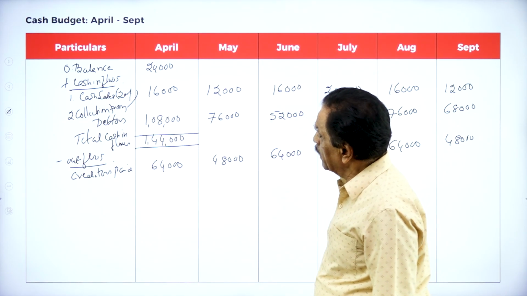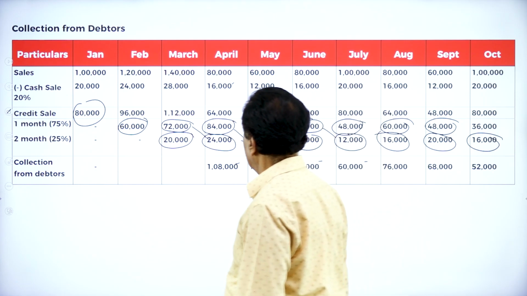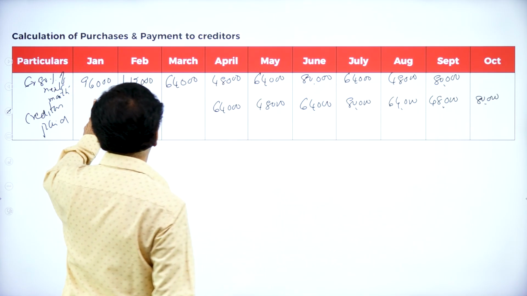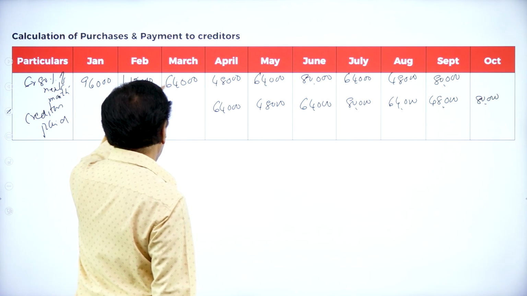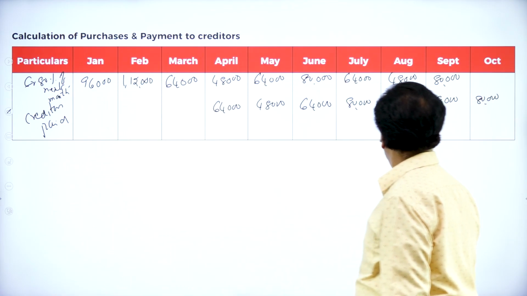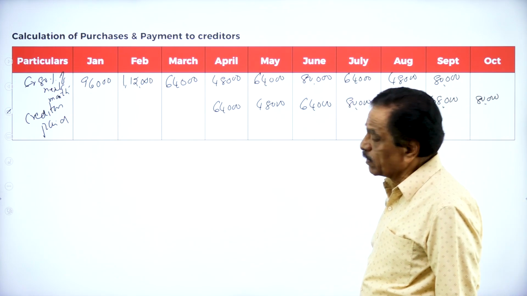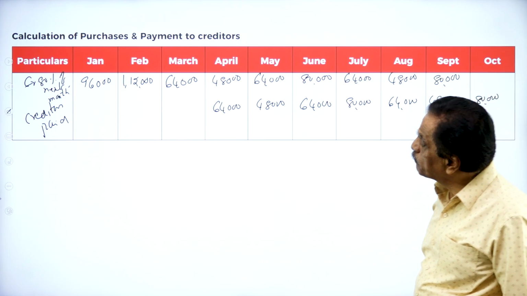So creditors paid. How do we calculate it? 96,000 paid in February, February in March, March in April, April in May, May in June, June in July. 64,000. We will go one by one.